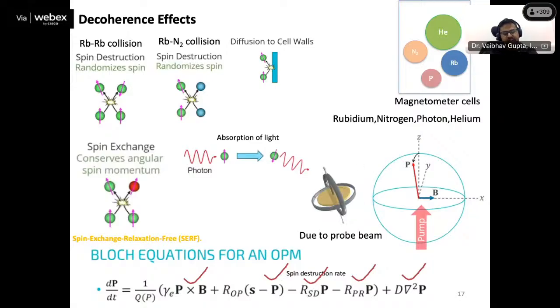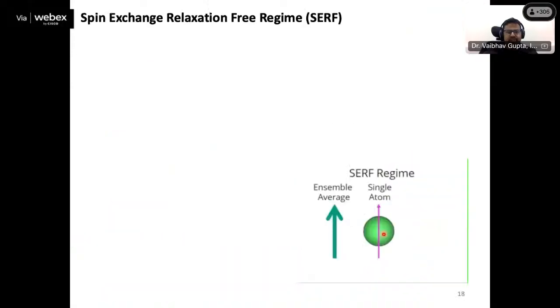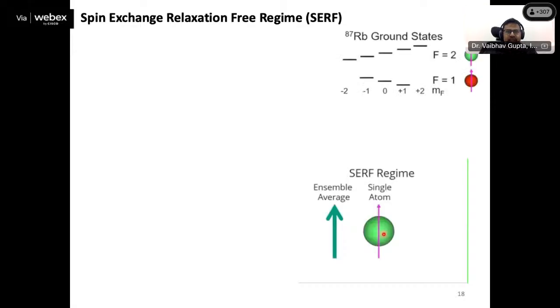How much magnetic field you can detect depends on how they are distributed, how densely they are packed, how scarcely they are packed, and all that. So now let's discuss this spin exchange relaxation free regime, the SERF regime.